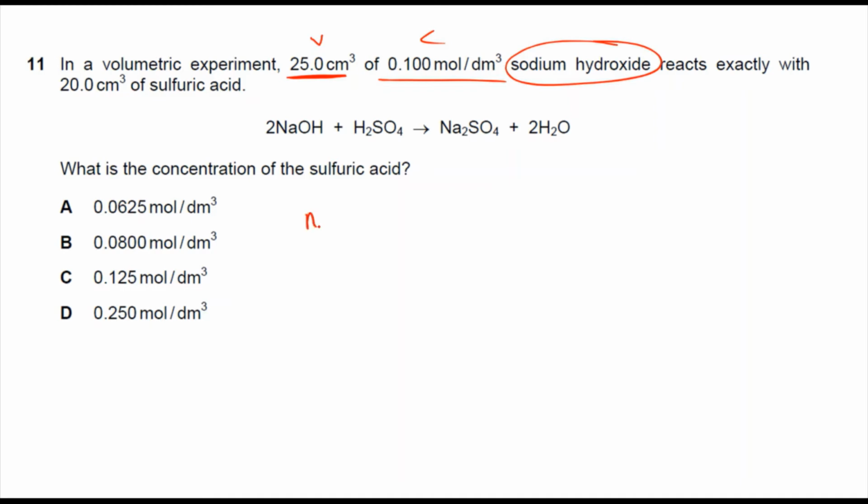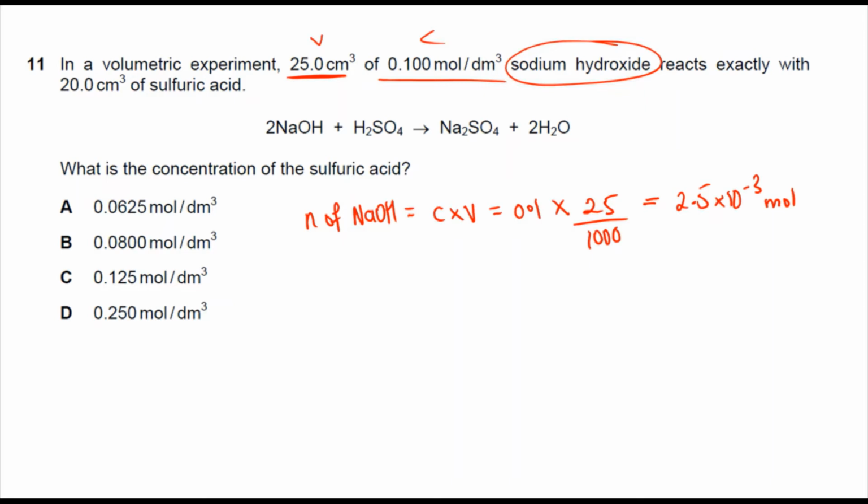Moles of sodium hydroxide will be equal to concentration into volume. The concentration is 0.1. The volume is 25 divided by 1000. The answer turns out to be 2.5 into 10 raised to the power of -3 moles.